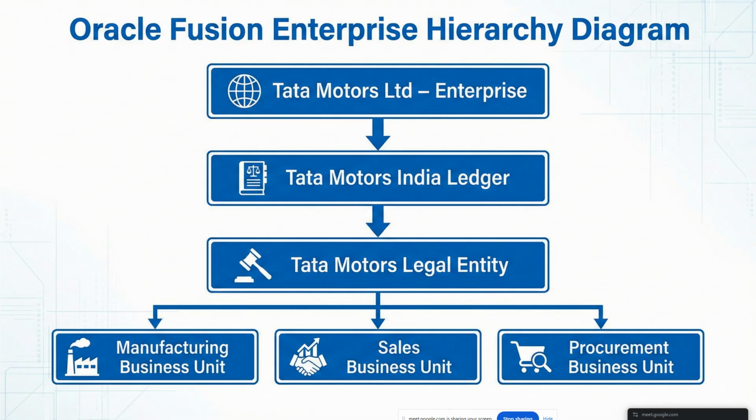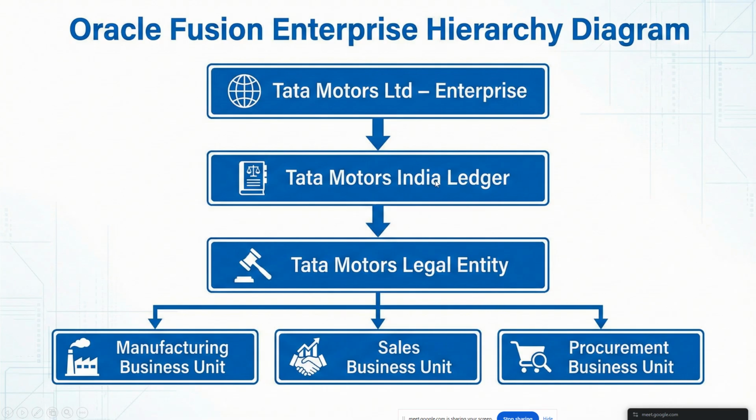So here Tata Motors is the enterprise, with the Tata Motors India ledger and the legal entity. Inside this legal entity, I have three different business units: manufacturing, sales, and procurement.